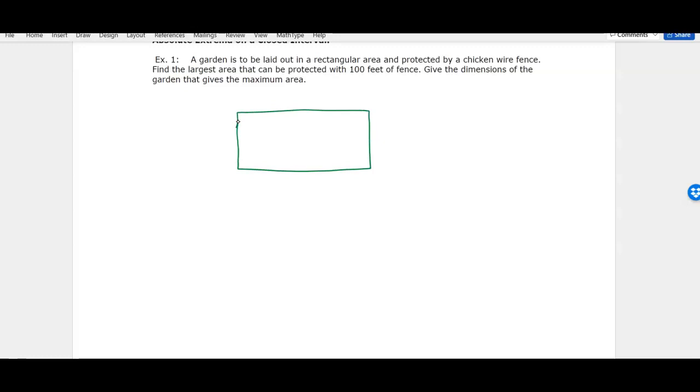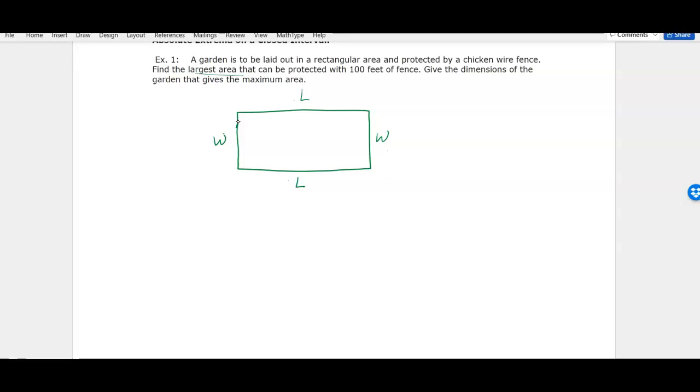I want to find the largest area. So what I'm maximizing is the area that can be protected with 100 feet of fence. What that means is as I go around and add up how much fence is on each side, it has to add up to 100. So I've got a length and a width. We'll call this L and we'll call this W. And then there's a W over here if it's a rectangle, and an L. L and W could be the same value if that rectangle happened to be a square, but we don't know that to begin with.